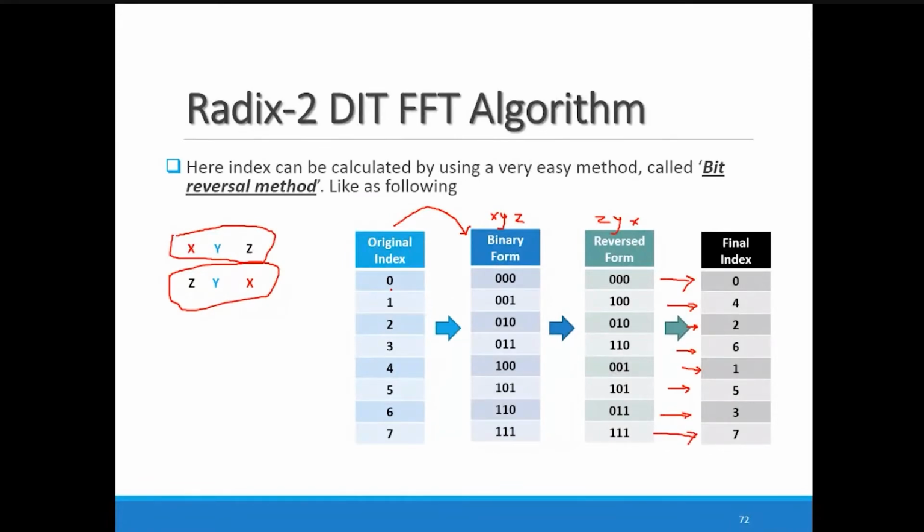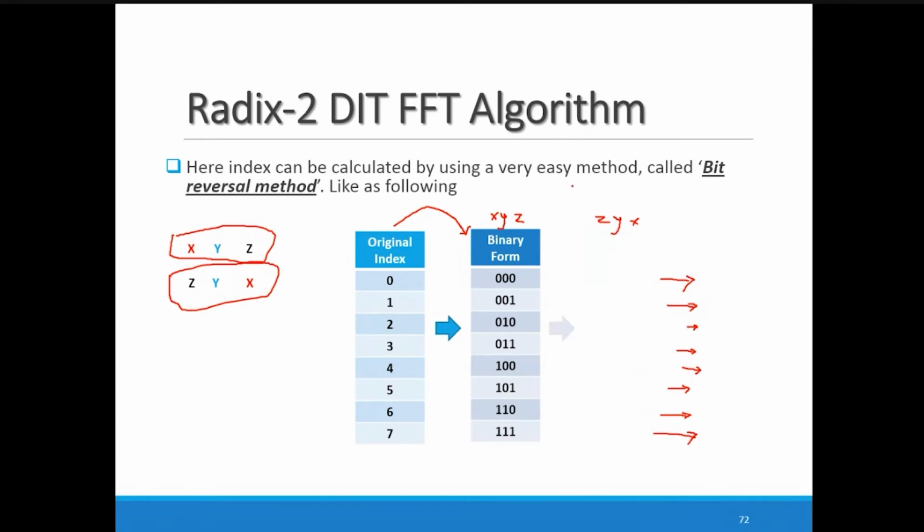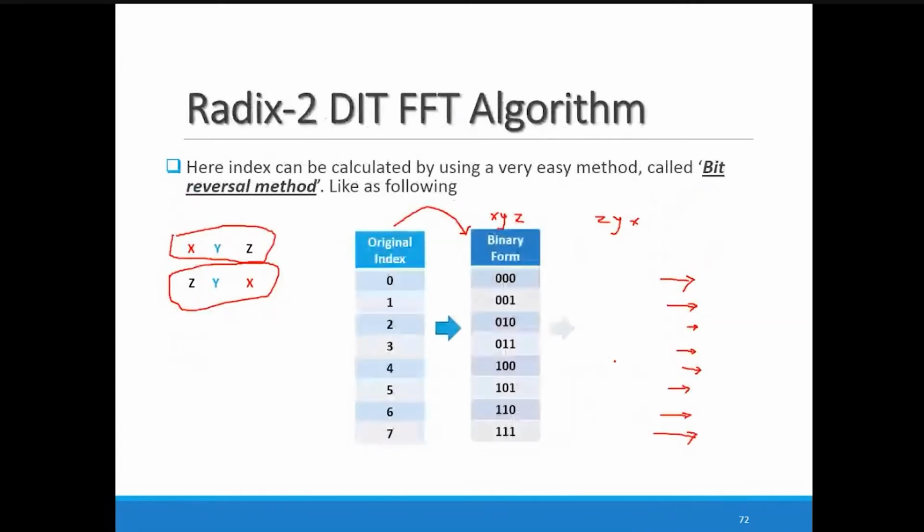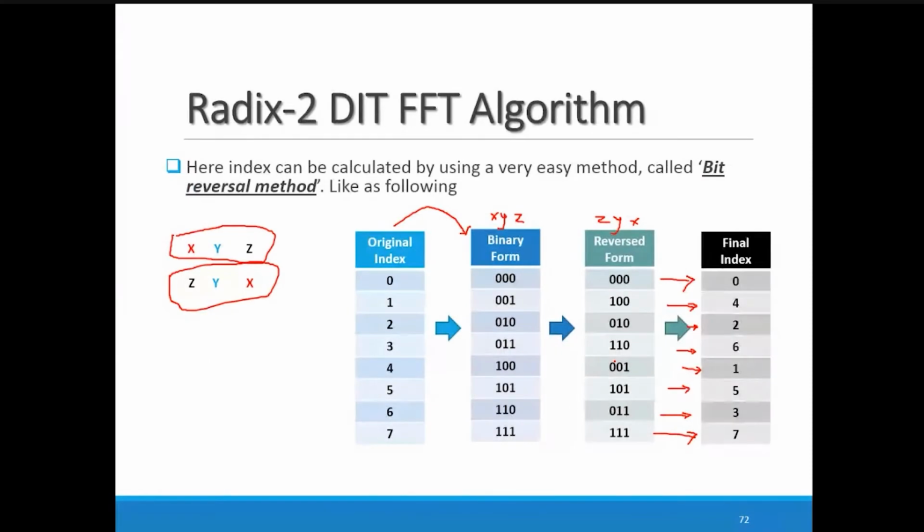So this is how whatever original index is given to us, from 0 to 7 in normal order, using the bit reversal operation we obtain the final index in the required order, as we have discussed earlier. The order is x0, x4, x2, x6, then x1, x5, x3 and x7. So this is how we obtain the data with the help of bit reversal.